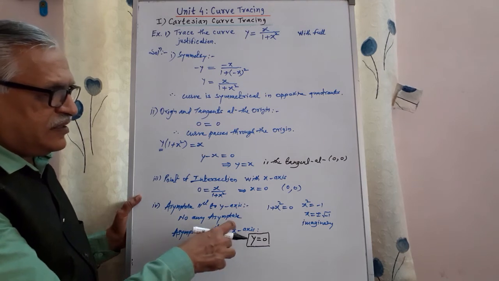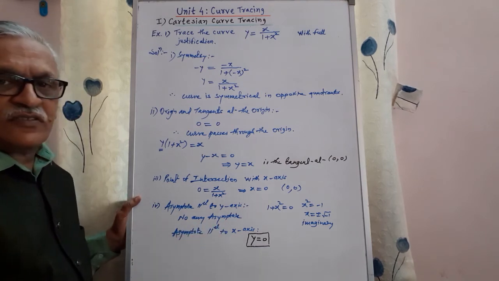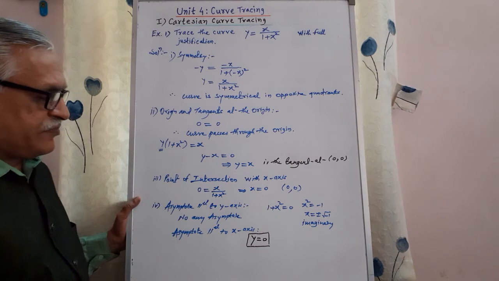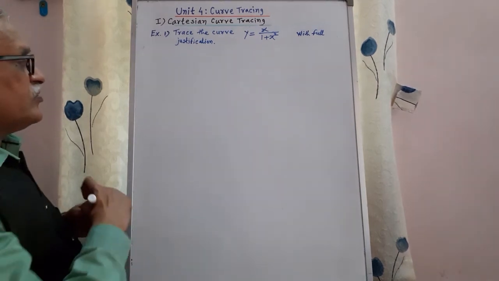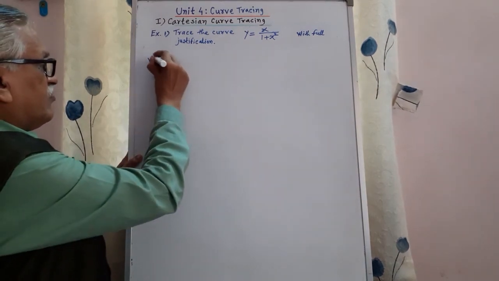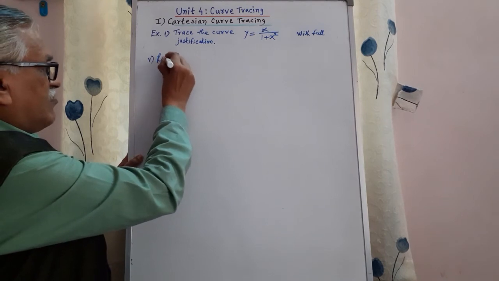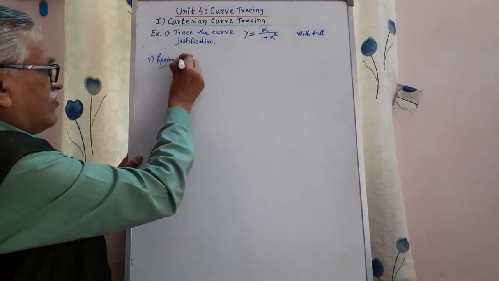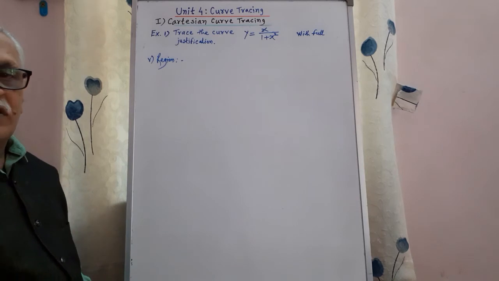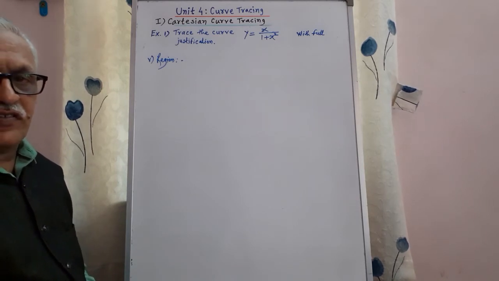Asymptote means this becomes a tangent to the curve at infinity.